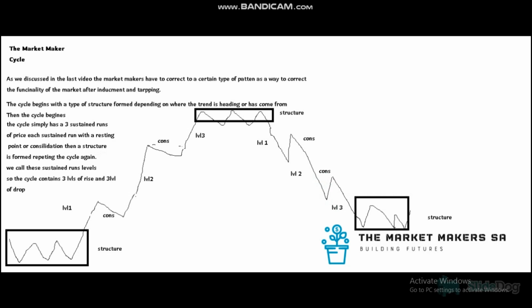The cycle begins with a type of structure formed depending on where the trend is heading or has to come from. So basically, before the cycle starts, it needs to form some type of structure, some type of formation before it starts.